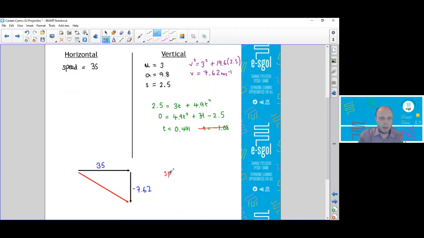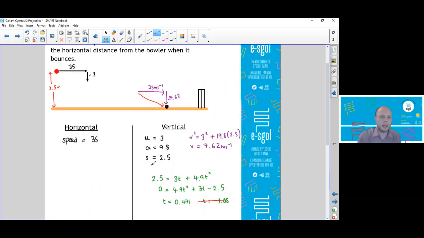The Pythagoras, so the speed comes out as 35.8 meters per second. And then the angle, so this is tan minus 1 of O over A, comes out as 12.3 degrees. Okay, so that's this little triangle up here.